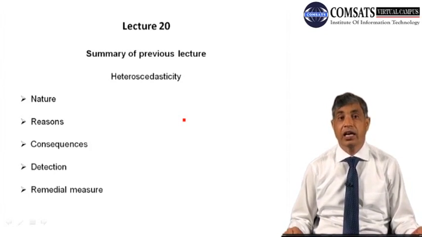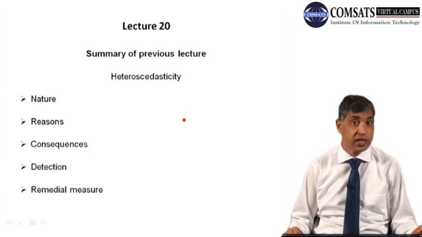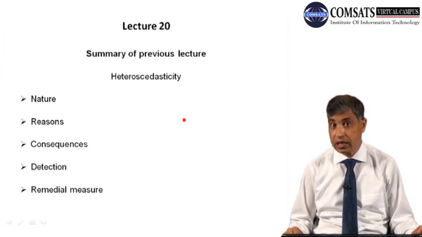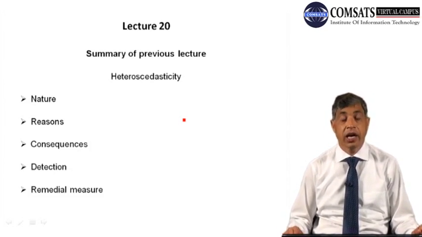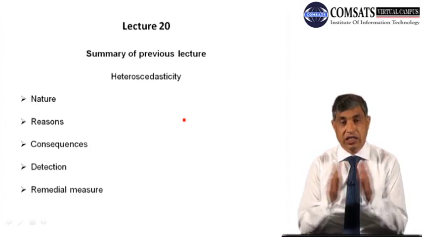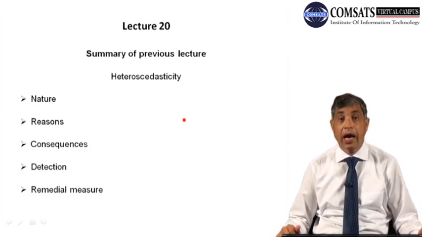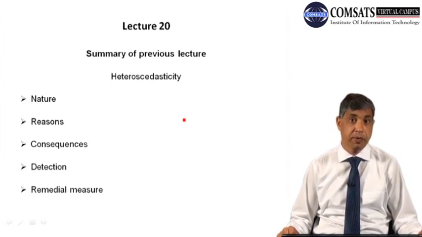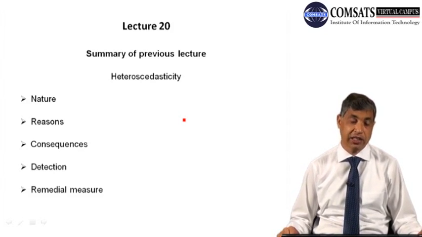This means they are not minimum variance, so they do not have small standard errors, the acceptance region in the confidence interval increases, and many times there is a probability that you are not going to reject the null hypothesis.